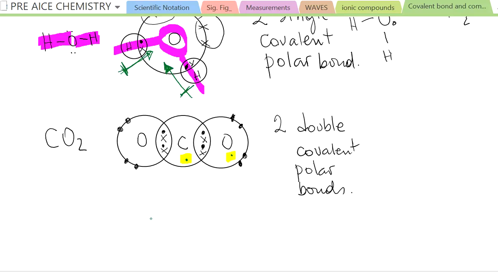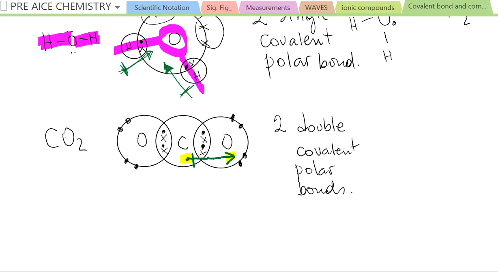The oxygen, because it's to the right of the periodic table. Okay, so if you see the carbon and the oxygen, the oxygen is on the right of the periodic table. That means that we are going to have this one with a dipole moment on the right.